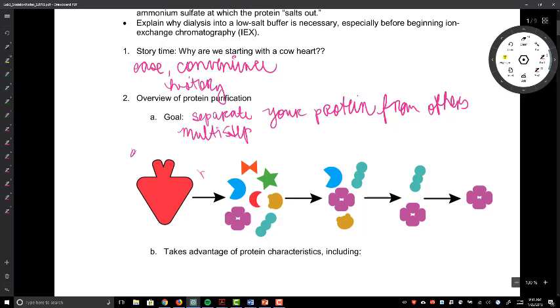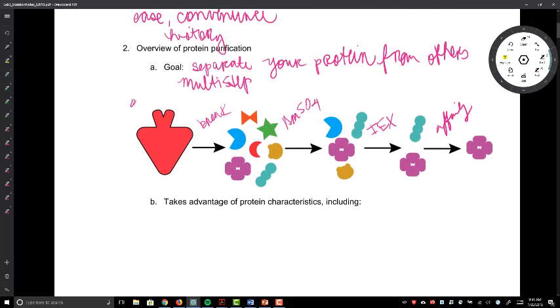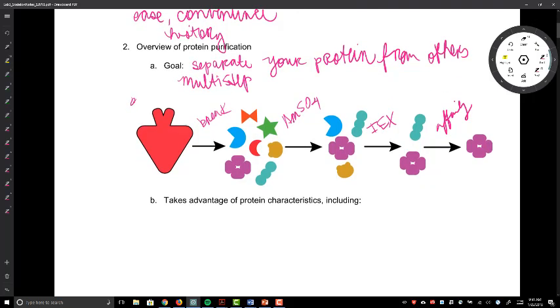So we have to break the cells open, and then we can use a series of columns and purification methods, such as ammonium sulfate precipitation, which we'll talk about today, ion exchange chromatography, and then affinity, until finally, after we run our sample over so many different types of columns and through different types of purifications, at the end, the only protein we have left is our protein of interest.